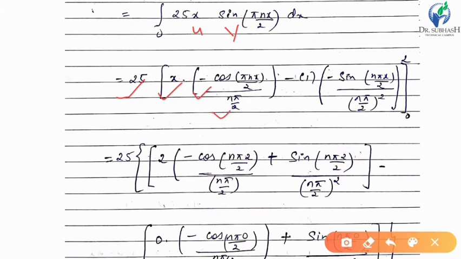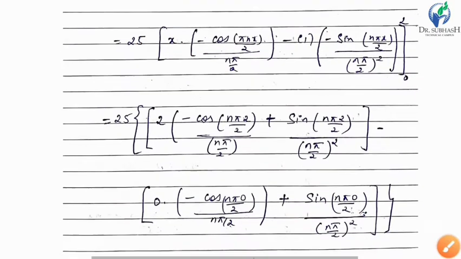Coefficient of x will move to the denominator. Now I will differentiate x. So differentiation of x is 1 and integration of cos is sine. So this will become minus sin(n pi x upon 2), and the coefficient of x will move to the denominator, so it will become square.